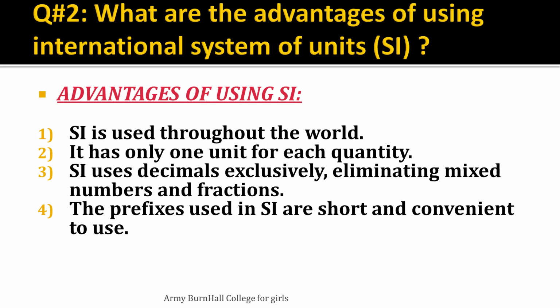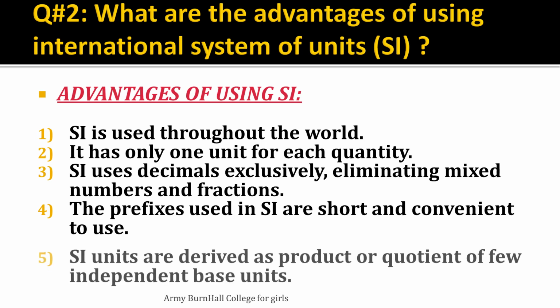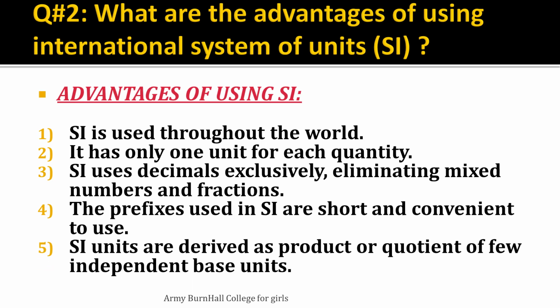You can easily use them. SI units are derived as products or quotients of a few independent base units. So if you memorize those few base units, you can derive any unit, any quantity. Okay, you can write some other advantages as well if you want to.